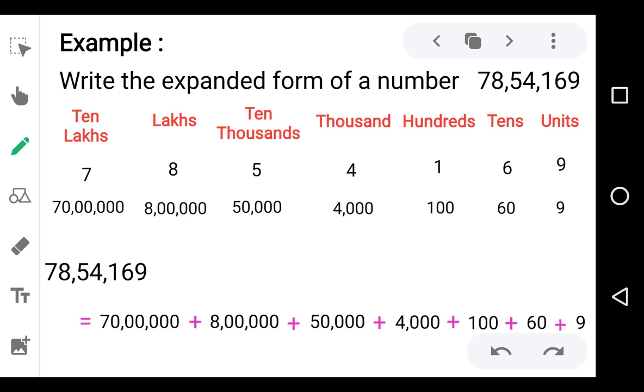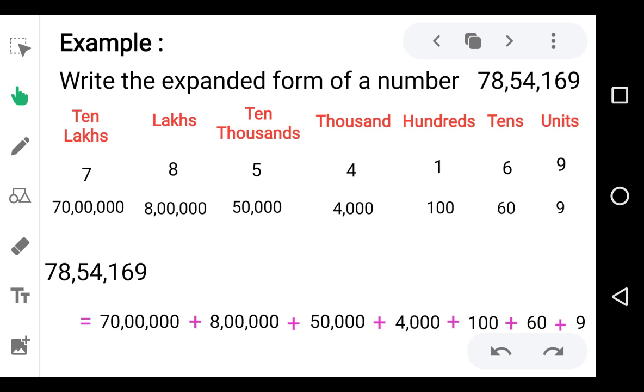See here, first we will see 7. Which is the place of 7? 7 is at 10 lakh place. After that we will count the remaining digits. Just count that 1, 2, 3, 4, 5, 6.